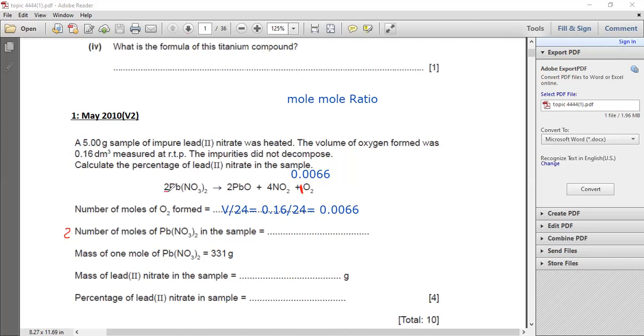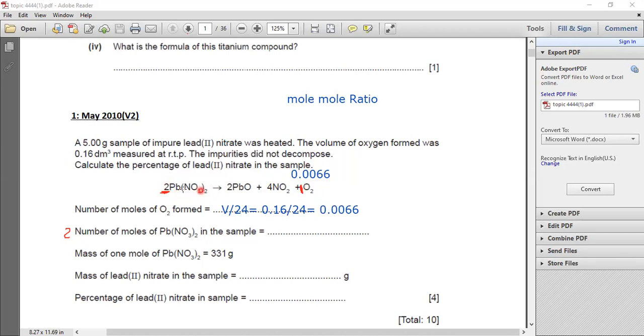Yes, there is a 2. So the molar ratio between oxygen and PbNO3 by 2 is 1 to 2. I mean, the number of moles of this compound is double the number of moles of oxygen.